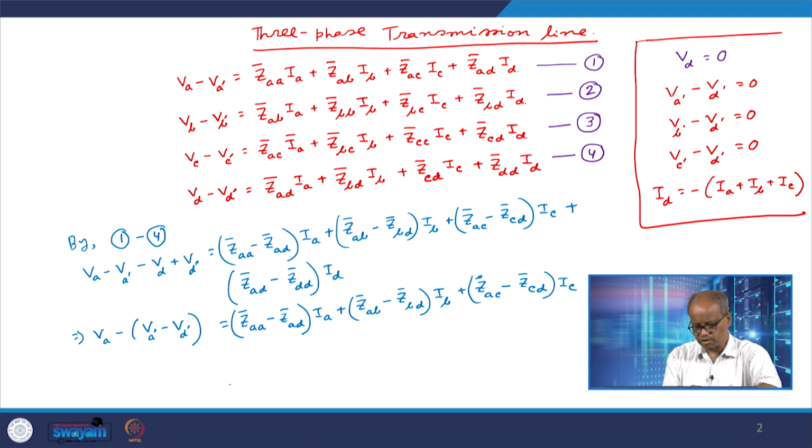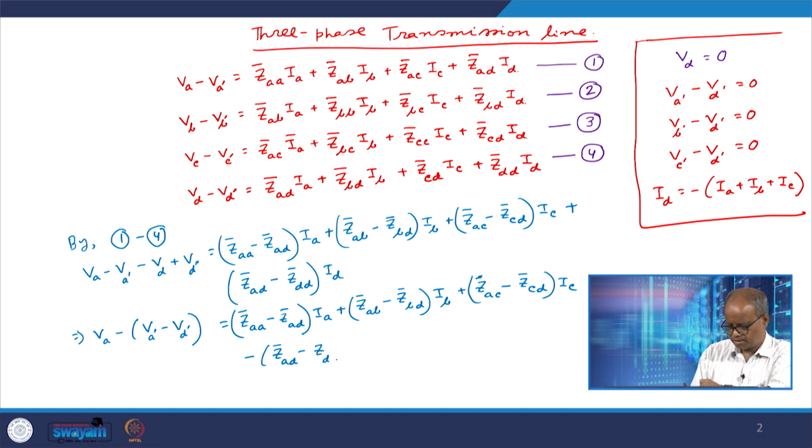And now we will substitute the expression of ID in terms of IA, IB and IC. So, it will be minus (ZAD minus ZDD) into (IA plus IB plus IC).